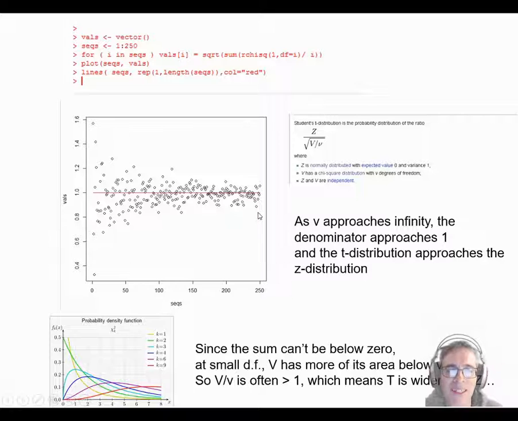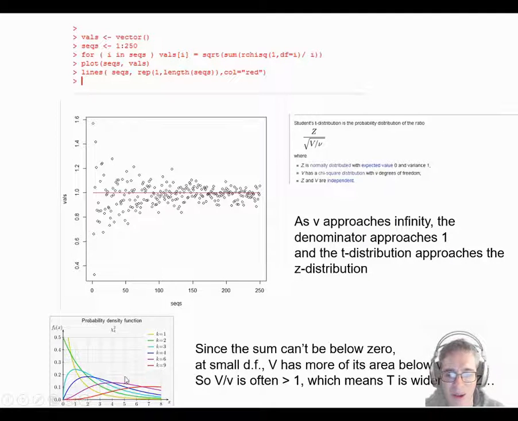And if we go back to the chi-square distribution, this bottom part here, what we saw when we looked at the chi-square distribution before is that, because it's a sum of squares like a variance term, when the degrees of freedom in the chi-square, which is v here, or k in this plot, is small, you have more of the probability density function at smaller values, because the probability density function can never be below 0.